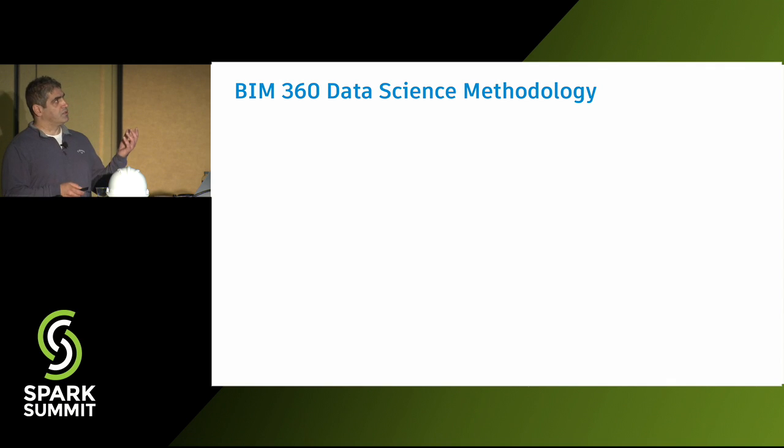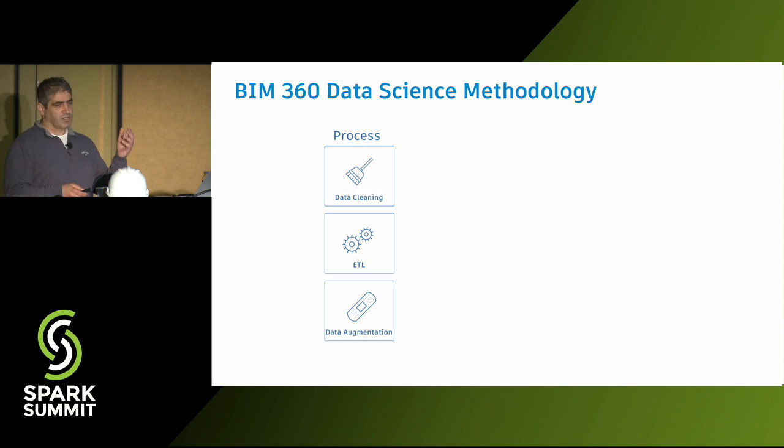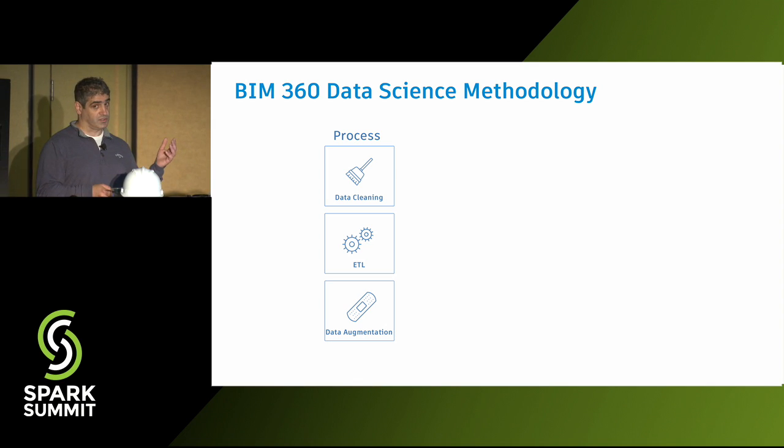So this is the data science methodology that we use. It should ring very familiar to anybody who has done data science work before. Obviously, data is the biggest pain. Let's get the data in and clean it, and set it up in a way that is ready for us to do machine learning against.